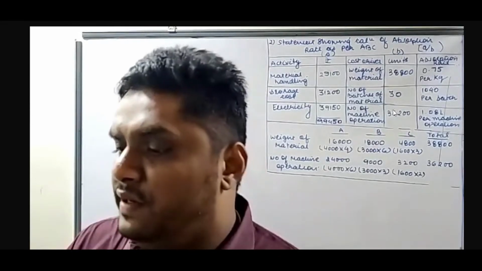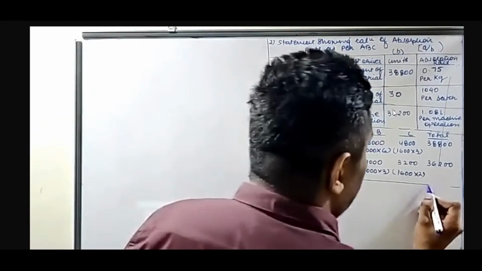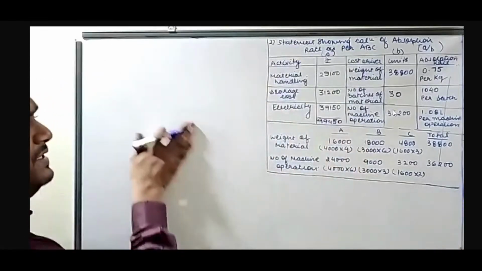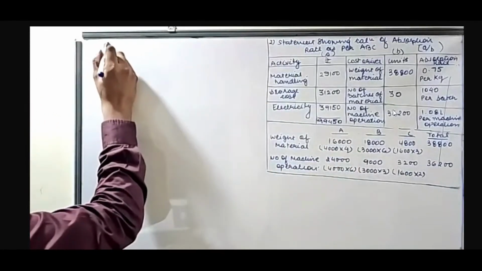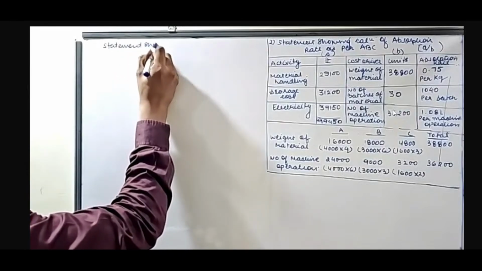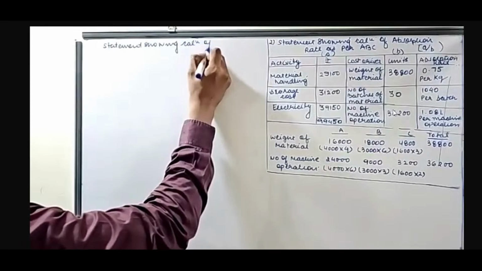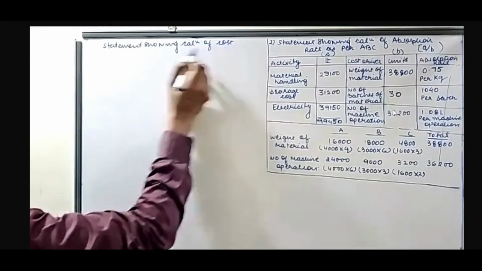Now we have to prepare the statement as per activity-based costing. Again, we follow the same process. Statement showing calculation of cost.